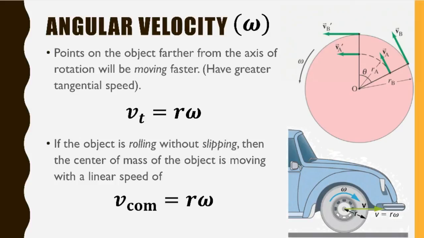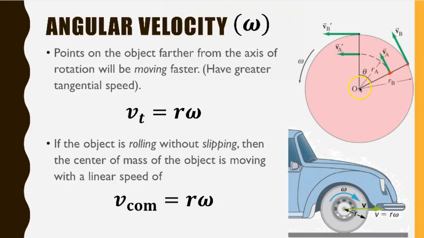Now, one interesting thing to keep in mind about angular velocity is that if I pick some points on a rotating disk, let's say point A and point B, as this disk rotates, point A and point B have the exact same angular velocity.